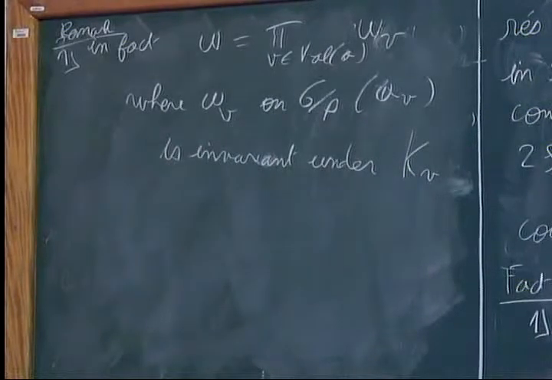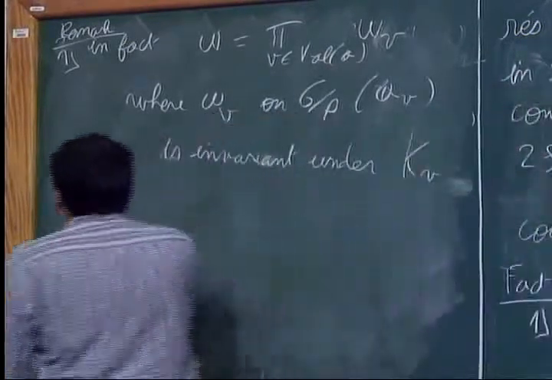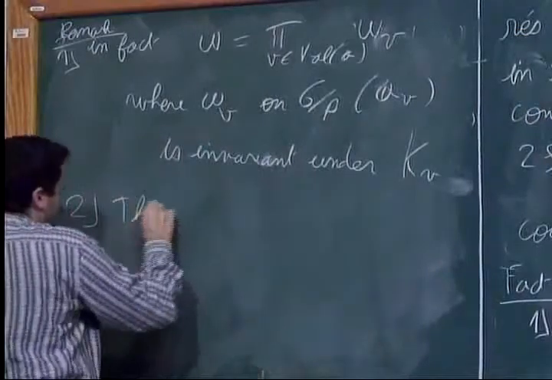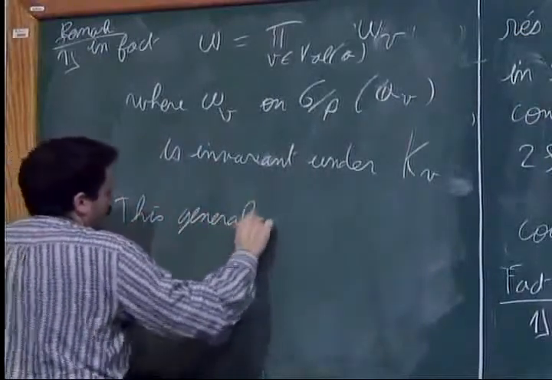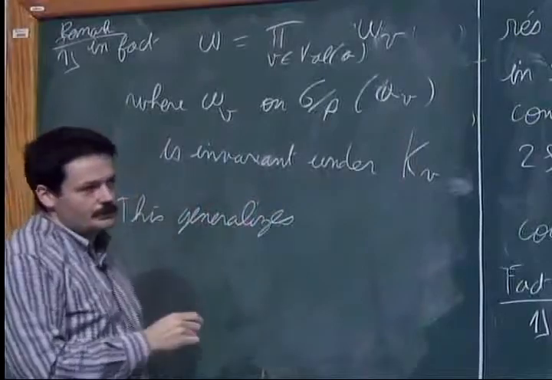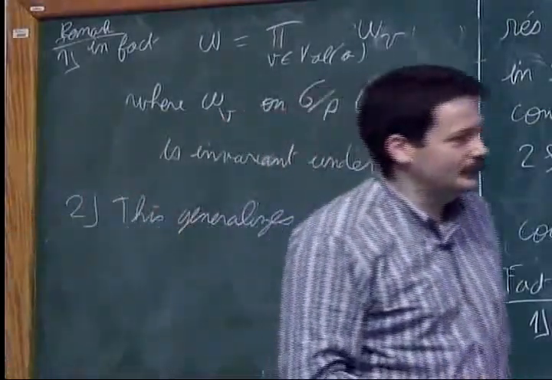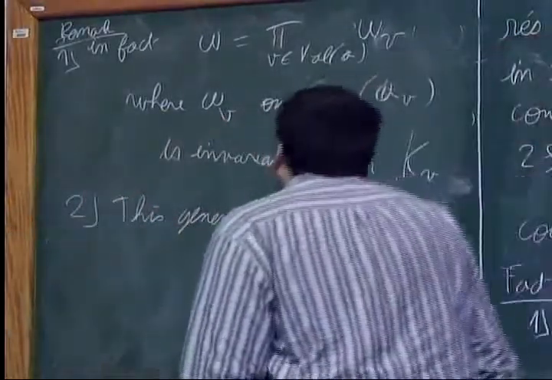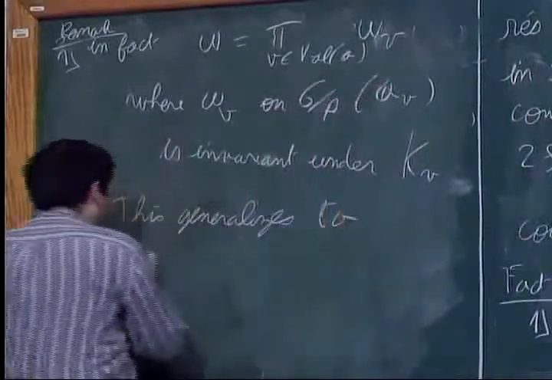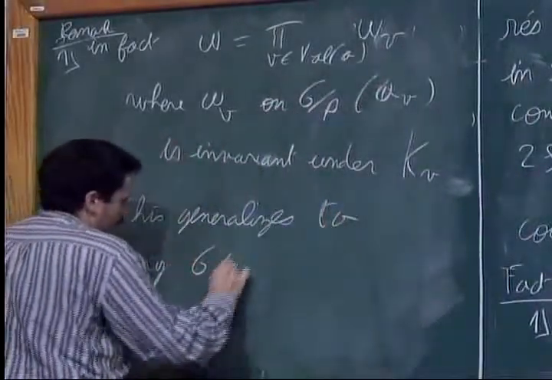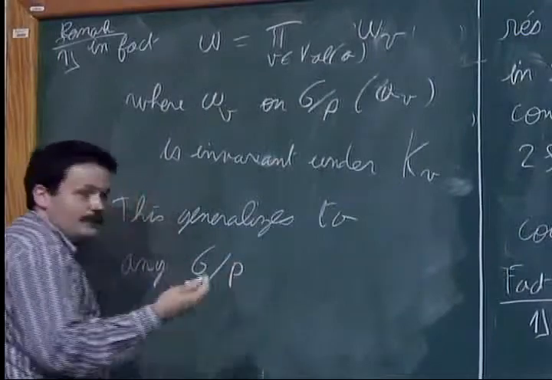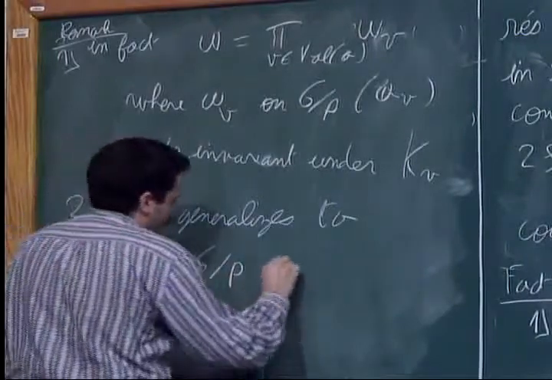The second point I should stress is that, at least if you believe that all the results of Langlands generalize, but it's claimed to be so, this generalizes to any G over P, split or not split, over a number field.